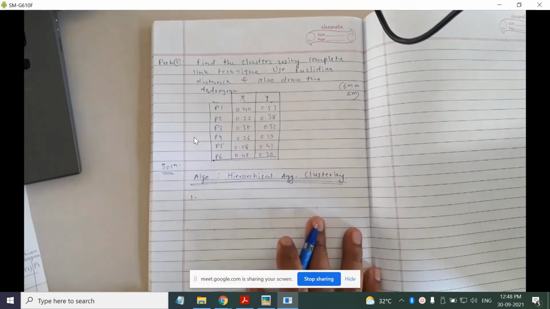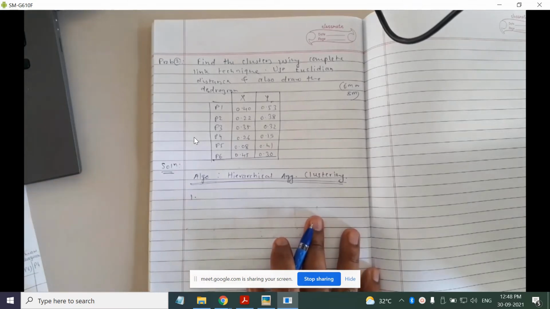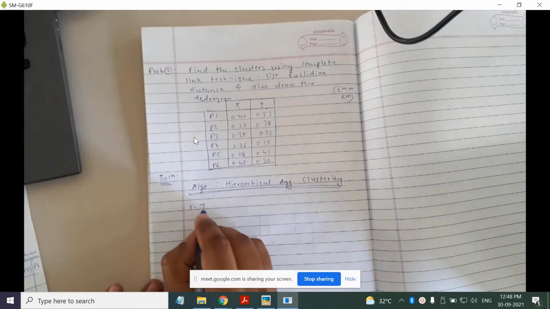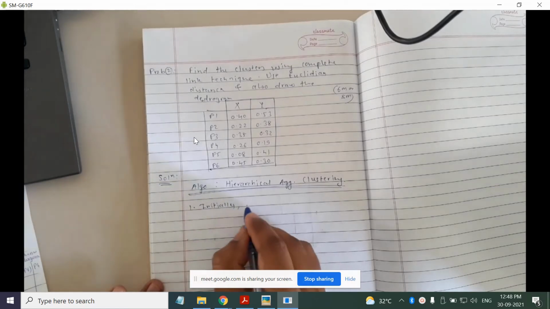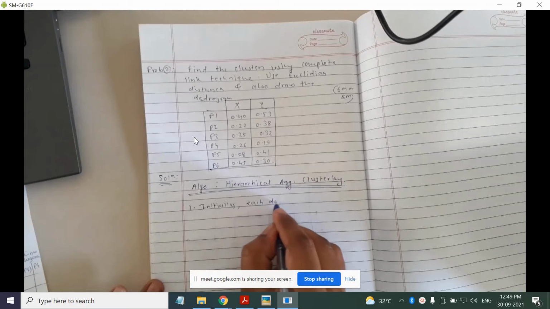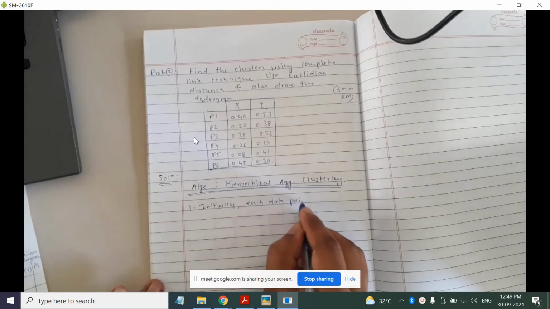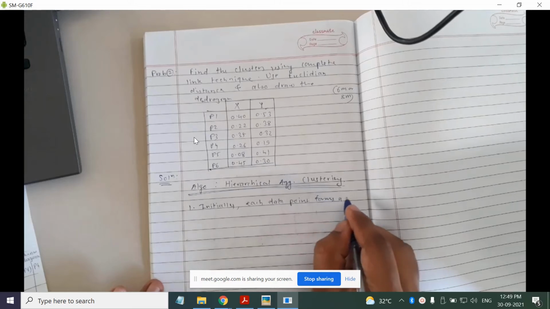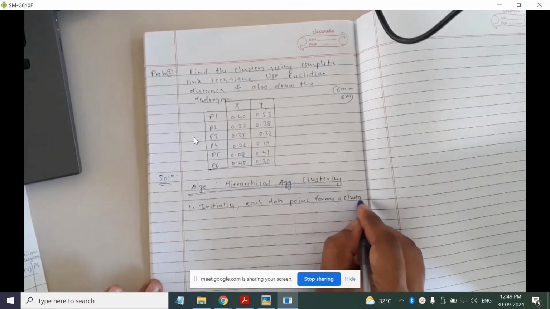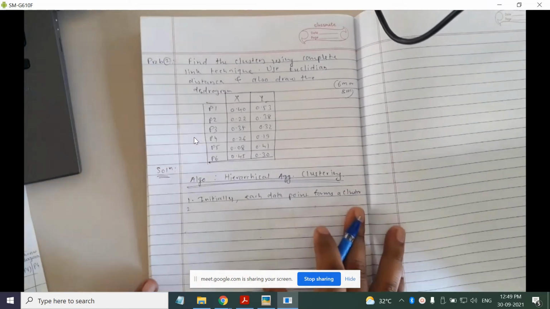First step: initially each data point forms a cluster. We know this, right? Each data point is treated as a cluster.